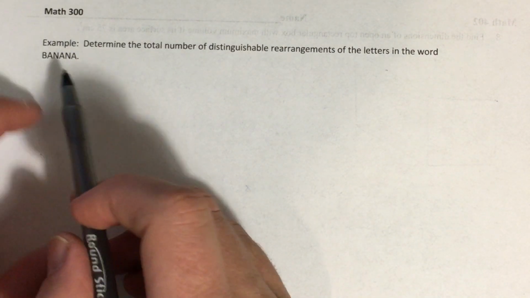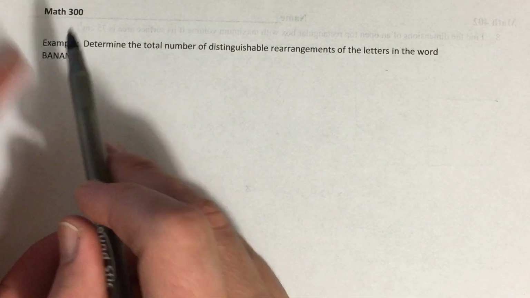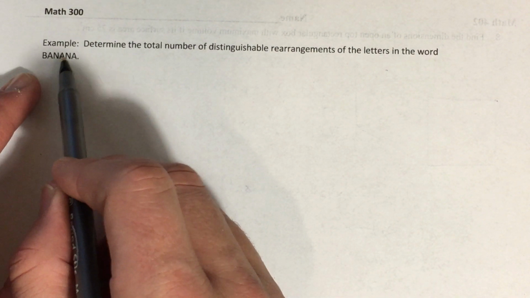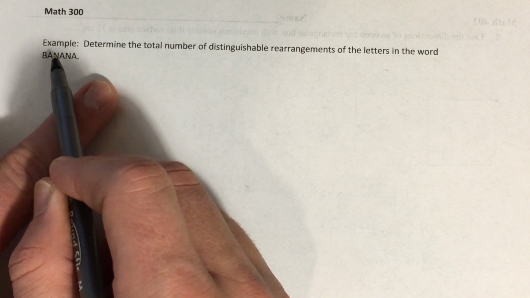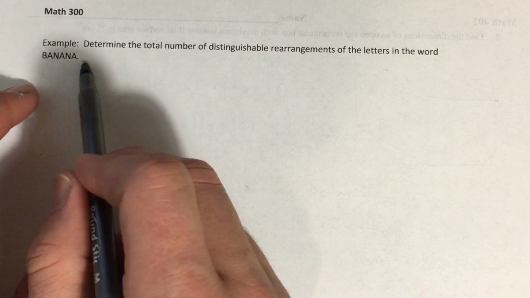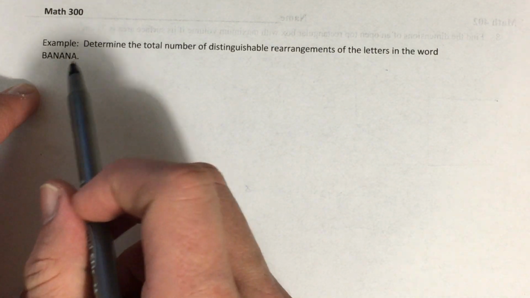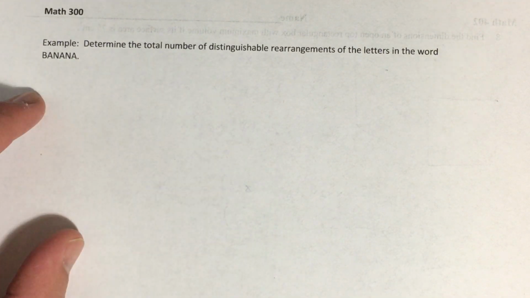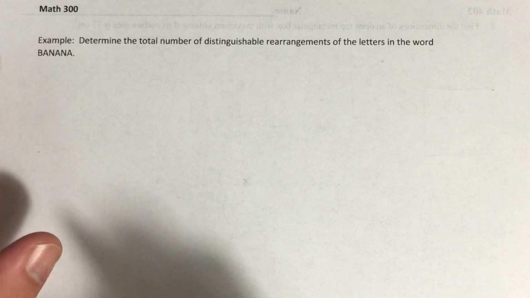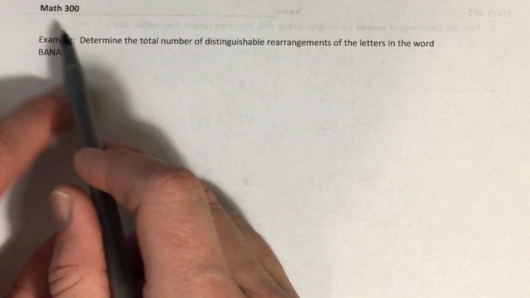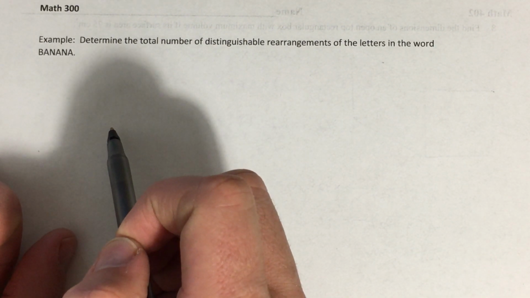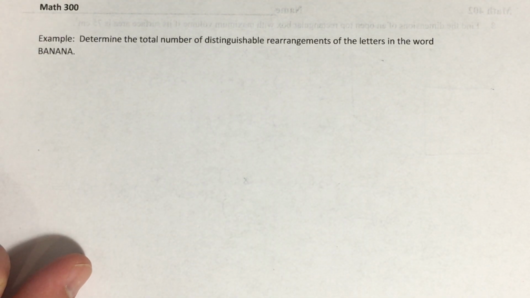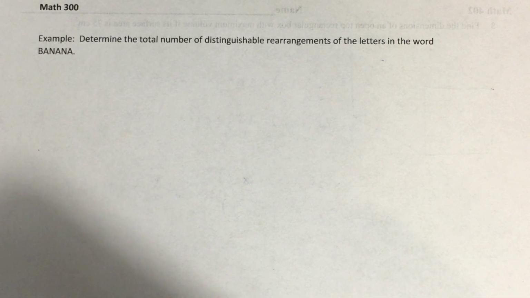Suppose I took the word banana and considered that one arrangement of those letters. And then suppose I took two of the A's and just swapped them. You wouldn't notice a difference in the spelling of that word. It would still be B-A-N-A-N-A. But the way that the factorial rule counts those rearrangements, it would count that as another arrangement of those letters. So 6 factorial overcounts the number of distinguishable arrangements of these letters.